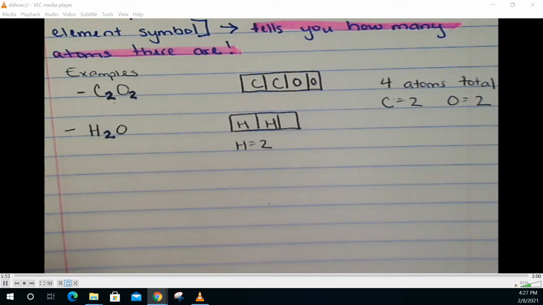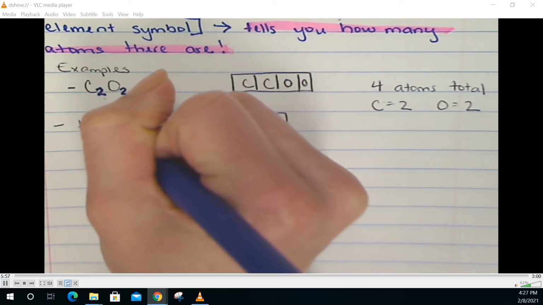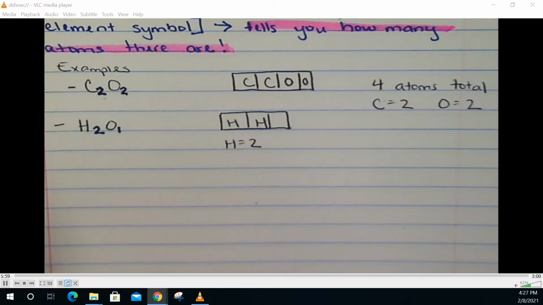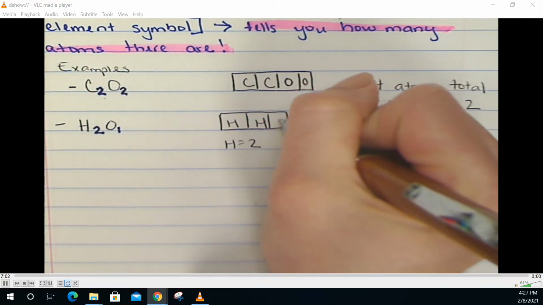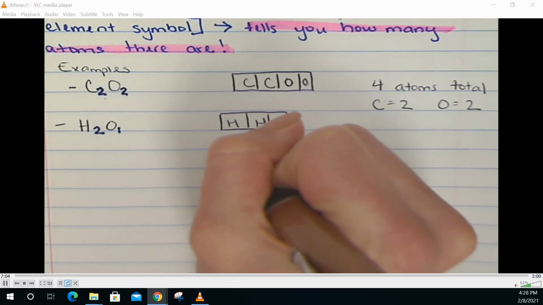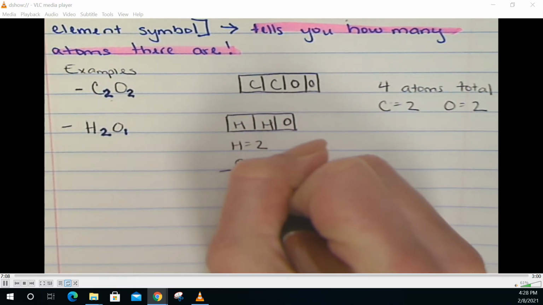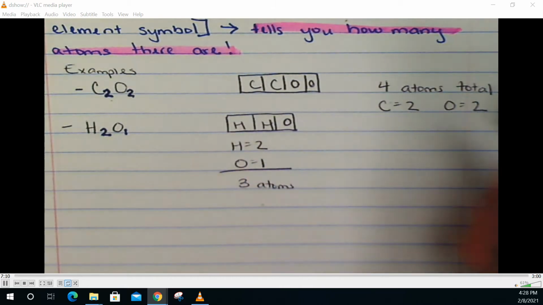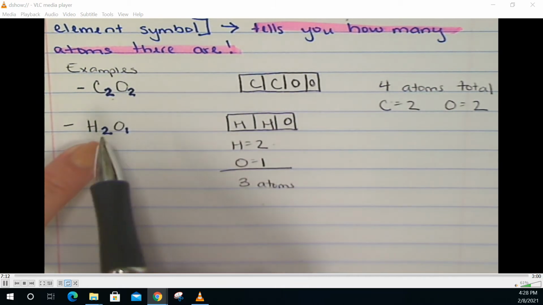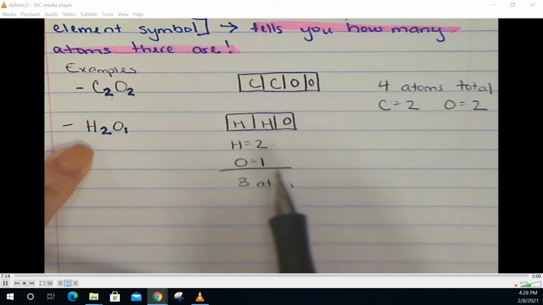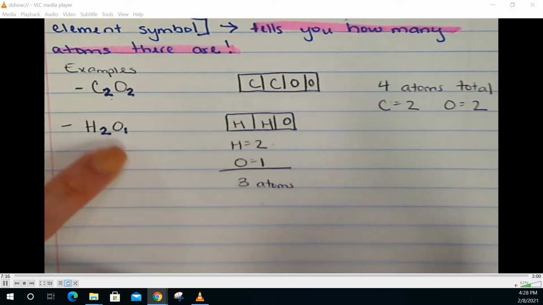Anytime that there is no number, we always will assume that there's a 1 there. Always a 1. So that means that we'll have 1 oxygen, which means that we have a total of 3 atoms: 2 for hydrogen because there's a 2 behind it, and then 1 for oxygen.